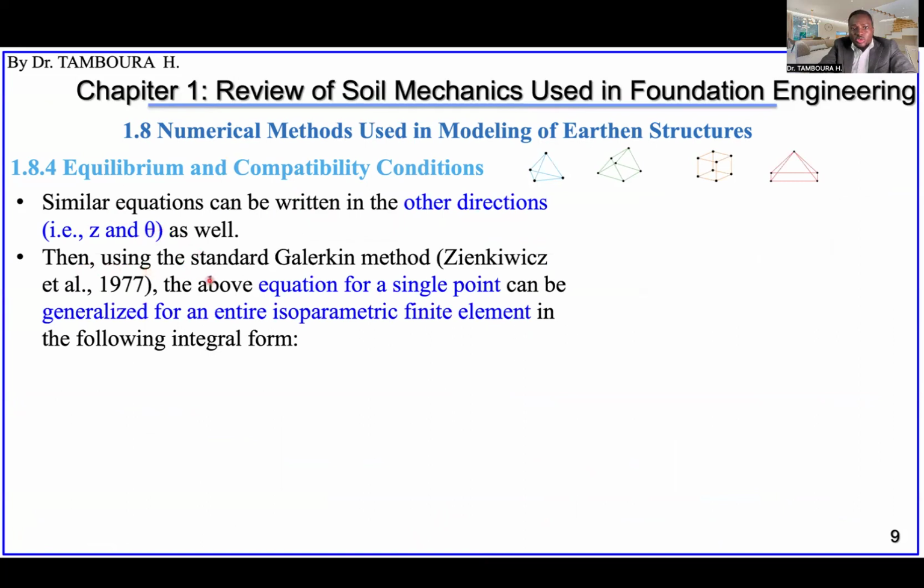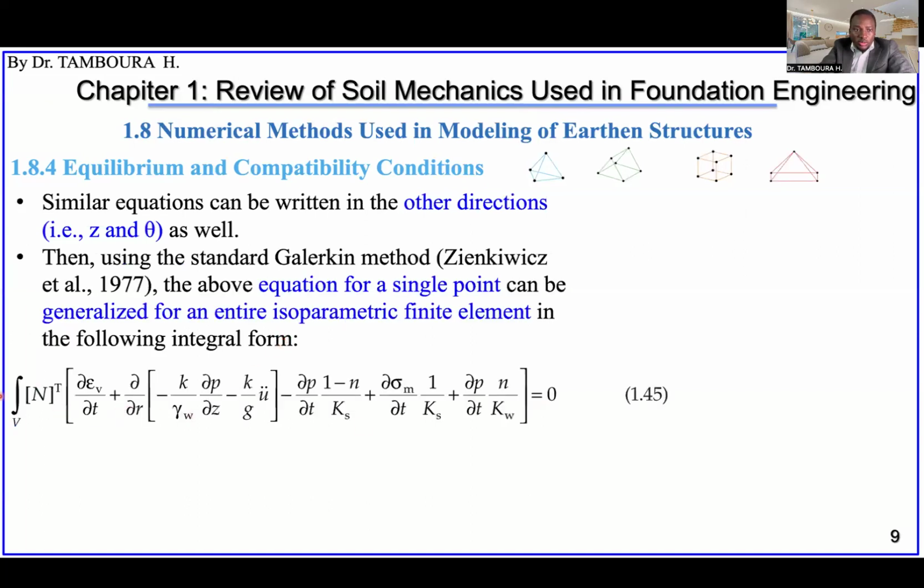Then using the standard Galerkin method, the above equation for a single point can be generalized for the total isoparametric finite element, because the previous equation was only for one point. So we can generalize it by using volumetric integration here. As you can see, this is the previous equation.